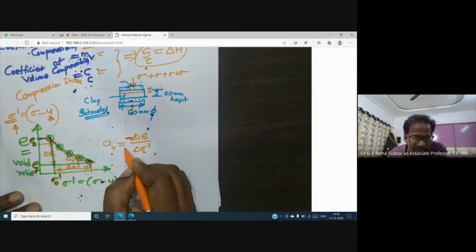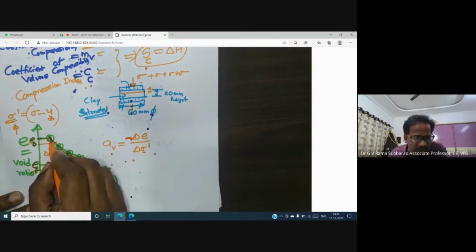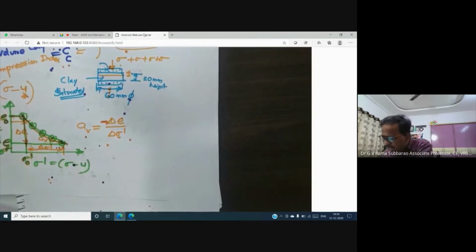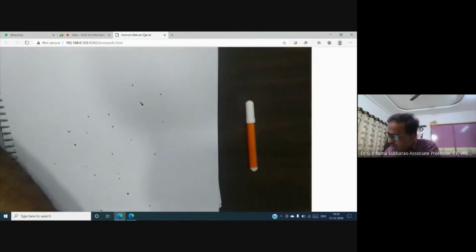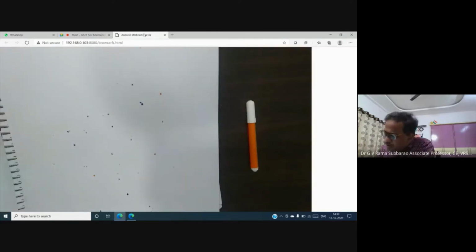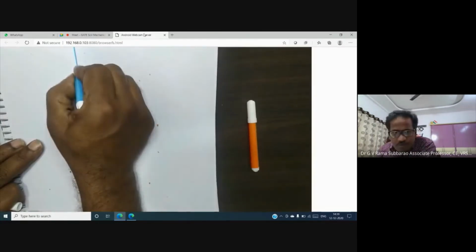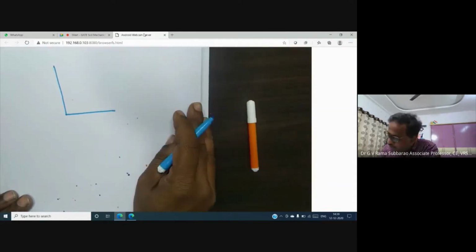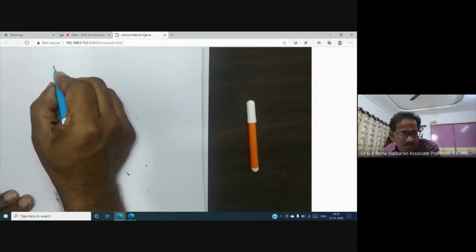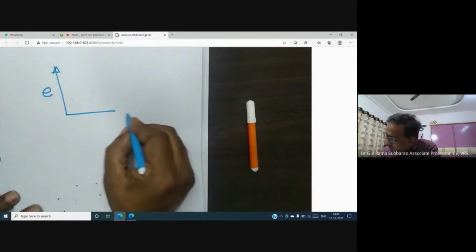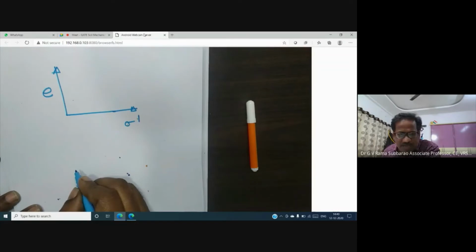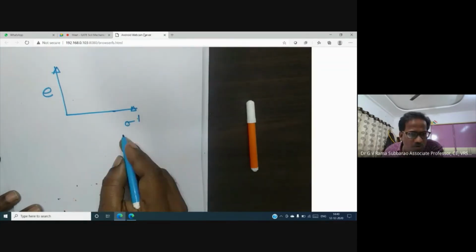Now somebody is worrying about this curve being curvilinear. I want to make it a straight line. You don't worry. We can convert it into a straight line. Now this is void ratio on the y-axis, and effective stress on the x-axis. This time I am taking a semi-log sheet.